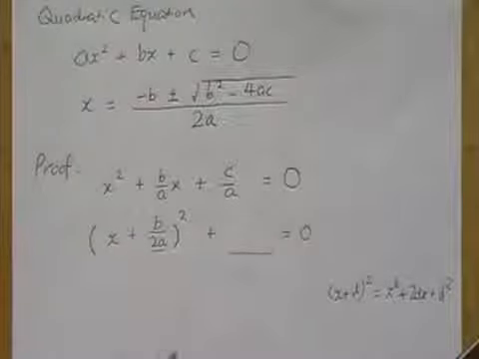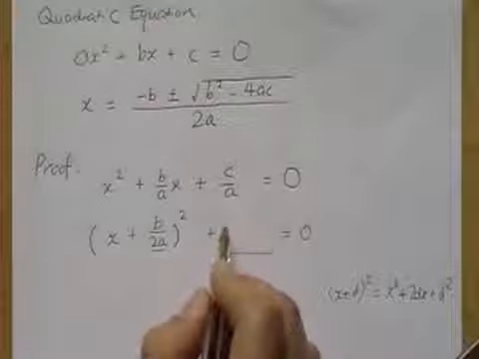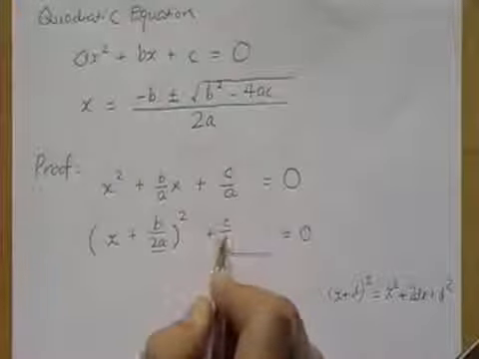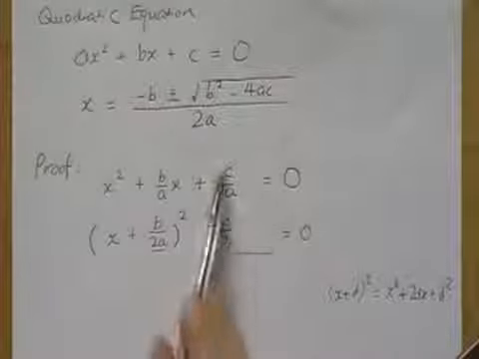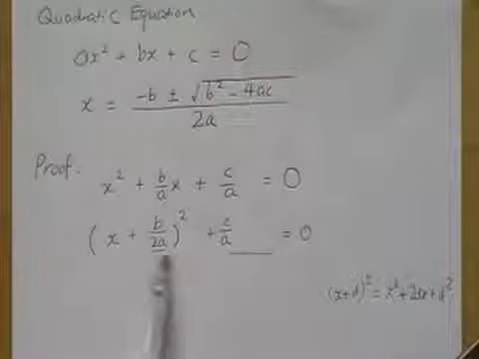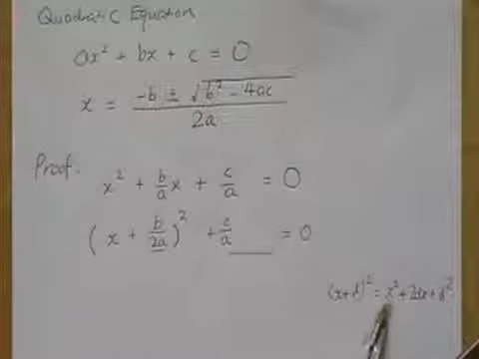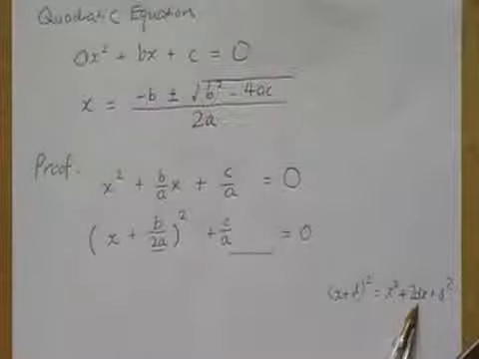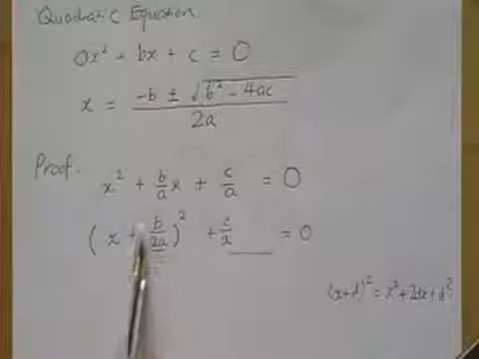Now, how about that blank? I must have that, of course. Now, if I come back to look at this, when I expand this, I will get x squared, I will get a term in x, which is that one. I would also get a term in d squared. That means I get a term in this number squared.